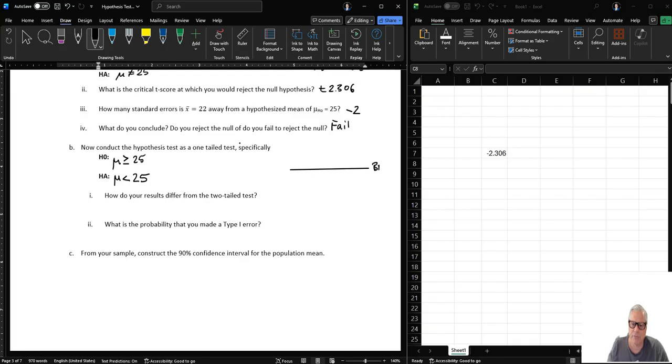So we have the BMI here, and we have the distribution. And we hypothesize, or we know that the true mean is 25, but we have gotten a sample which averages out to 22.